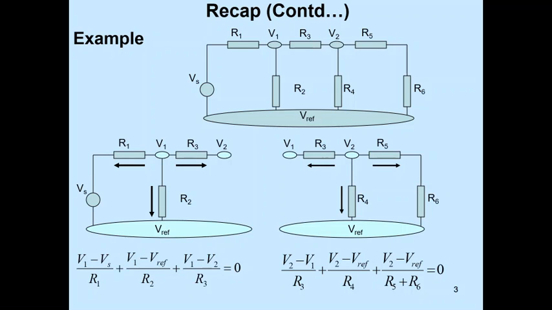For the second node, (V2 minus V1) by R3 plus (V2 minus V reference) by R4 plus (V2 minus V reference) by (R5 plus R6) is equal to 0. These are the two nodal equations.